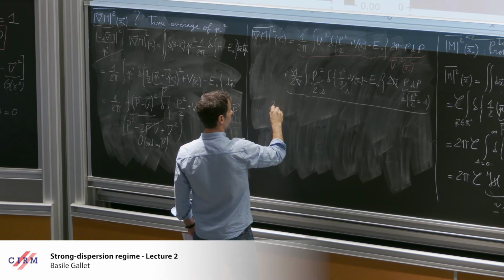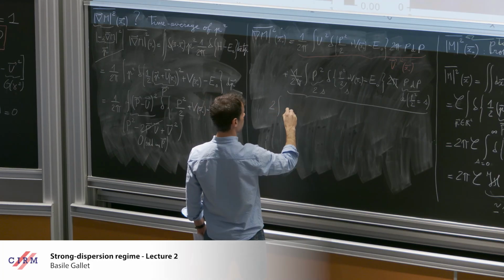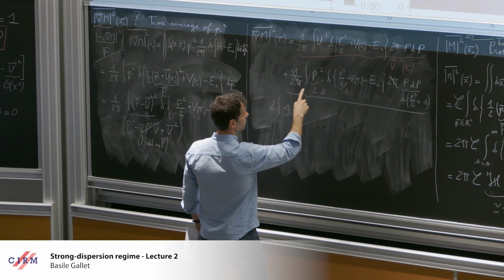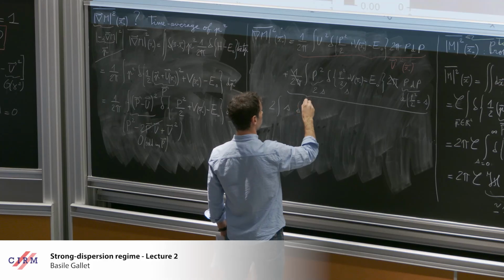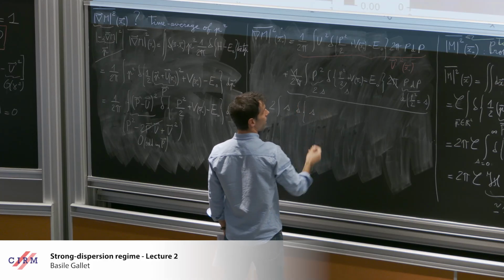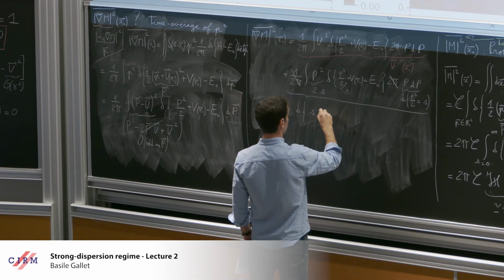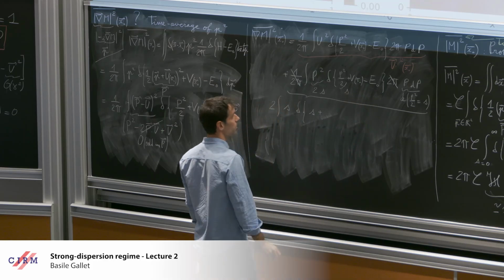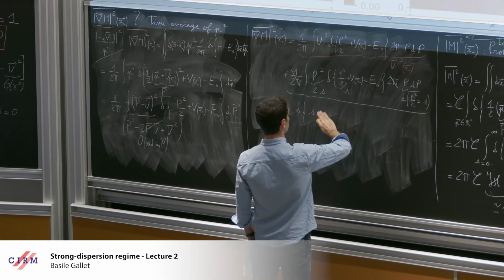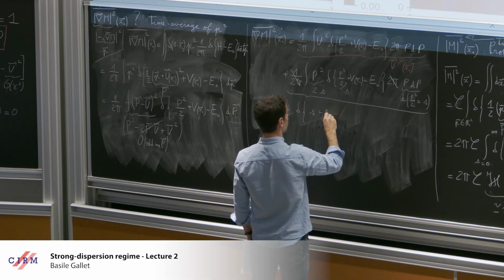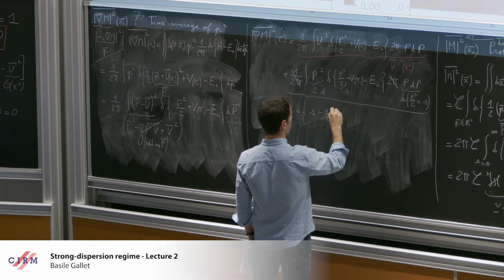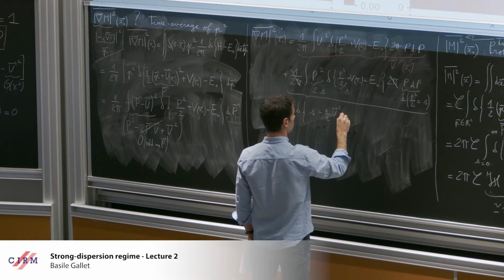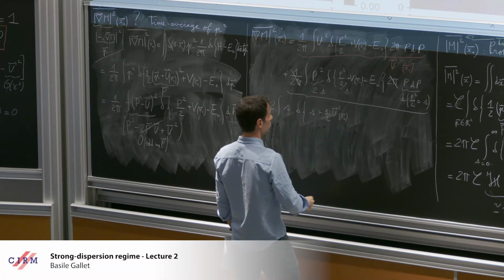will be twice the integral of S, delta of S, plus V of x0 minus E0, which to lowest order is just minus 1/2 of U squared of x0.